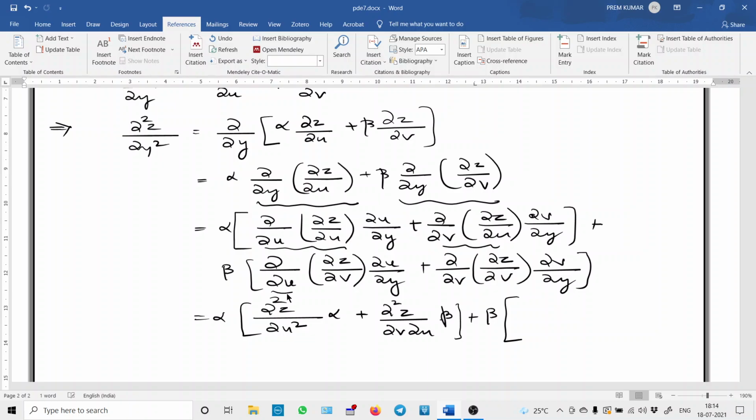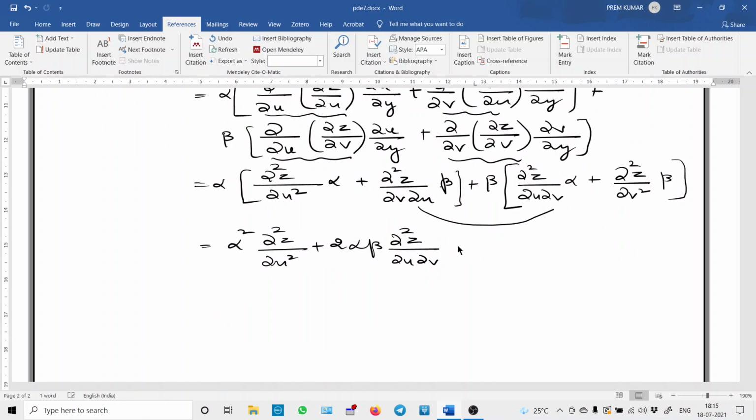So alpha beta, here beta alpha, so I get 2 times alpha beta of ∂²z/∂u∂v, plus here we get beta square of ∂²z/∂v². This is the expression for ∂²z/∂y².